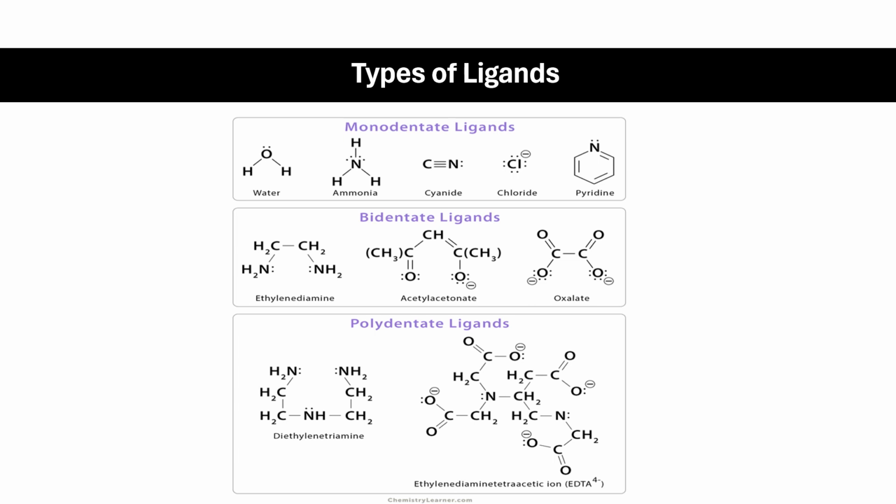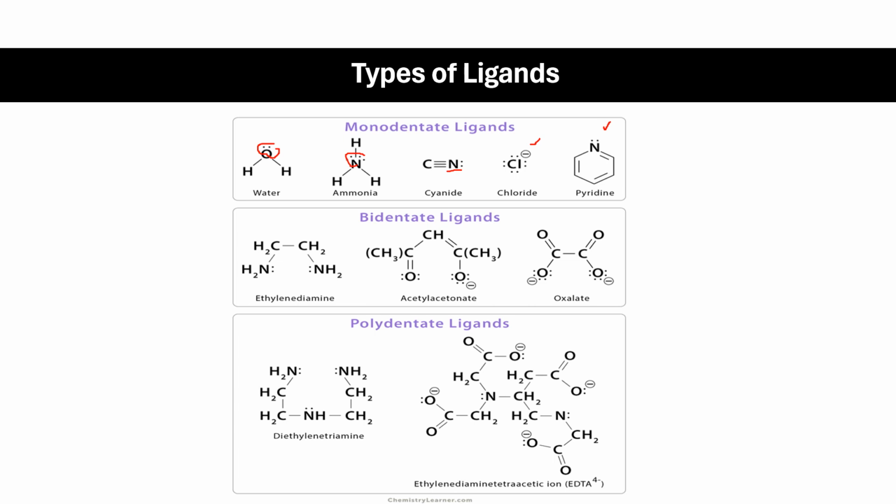So let's take a look at the monodentate here. There's one binding site here. For the water, it's oxygen. Then we have the nitrogen here. In terms of cyanide, it's the central atom of cyanide. And for the chlorine, monodentate, and pyridine here.